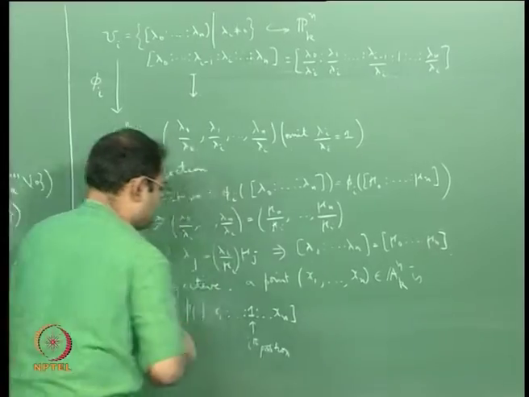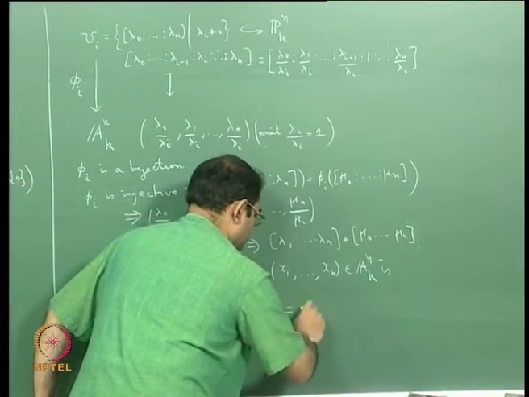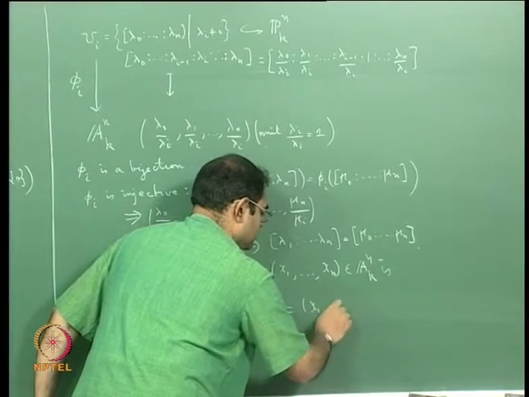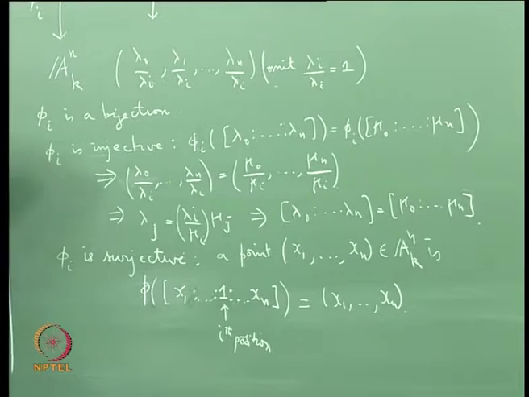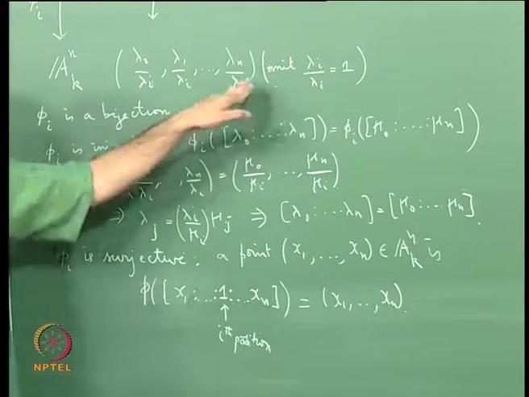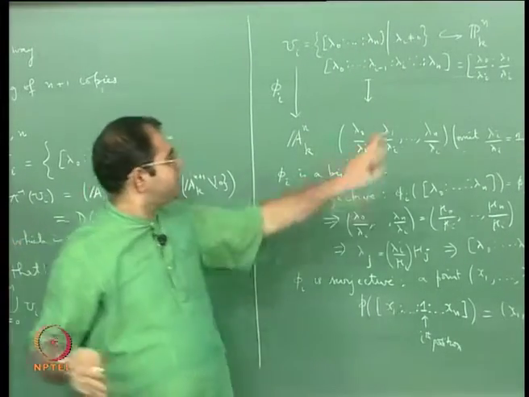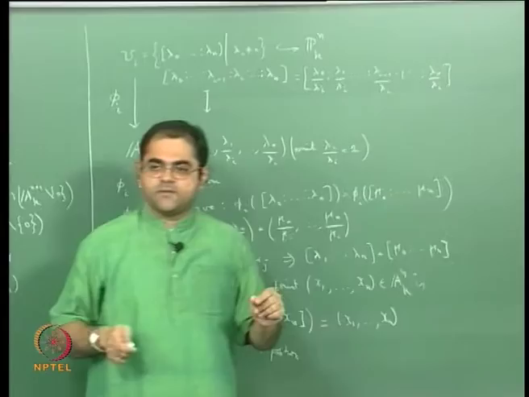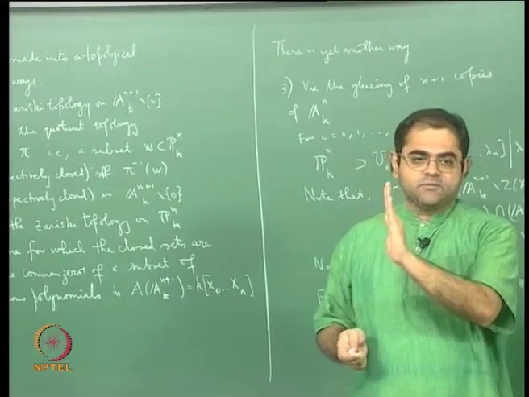So if I take this point, it will go to the point I started with, so it's surjective. So if you want to map from here to here, you simply write these coordinates in the same order as n plus 1 entries, homogeneous coordinates, but don't fill the ith position.